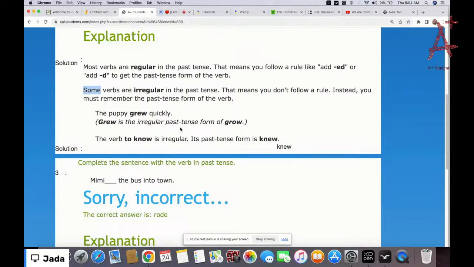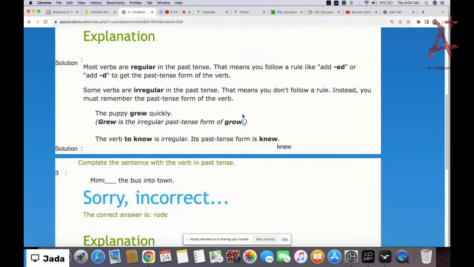So it doesn't say the puppy growed, because grow is the present tense and it doesn't add ed to make it the past tense. Okay, it doesn't say growed, it says grew. So the puppy grew quickly.